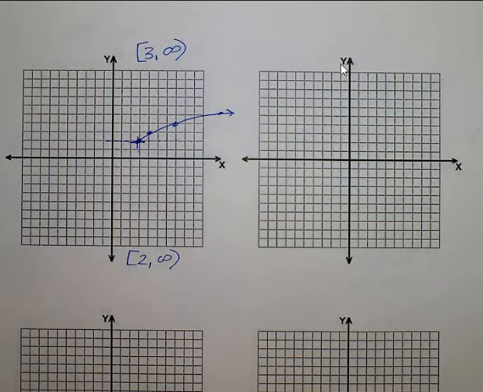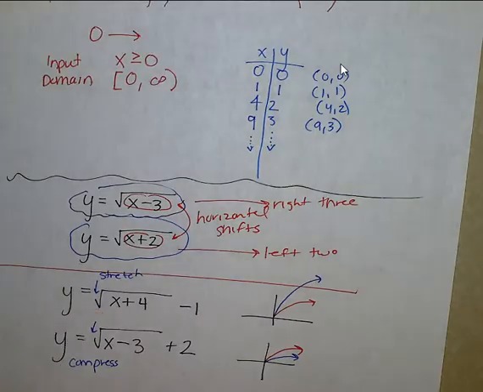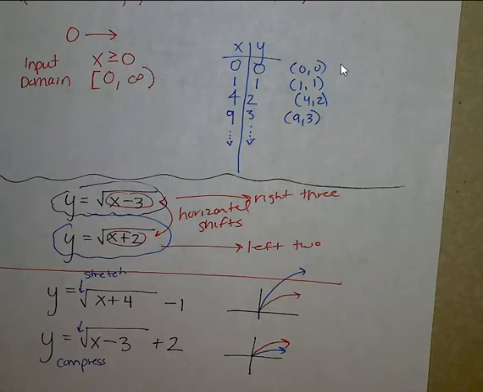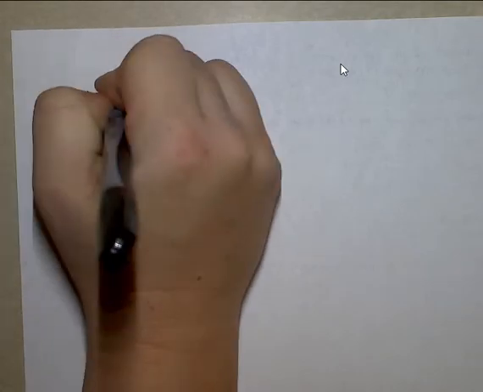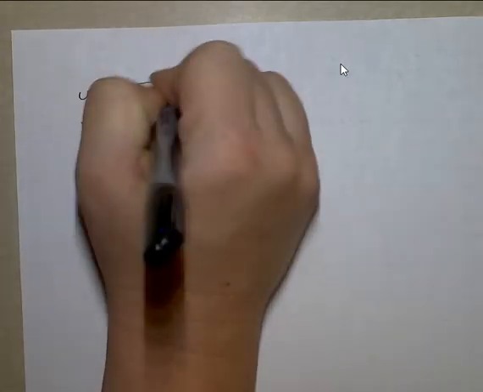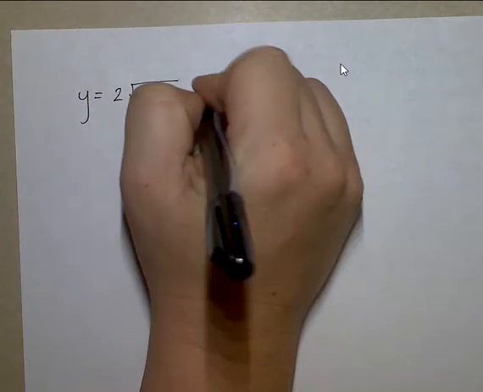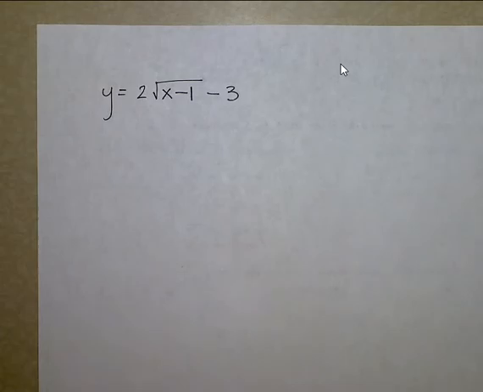Okay, we're going to go on now to the scale factor in front. Let me get a new piece of paper. Please write down this one. Our very first step is going to be to identify that new origin.